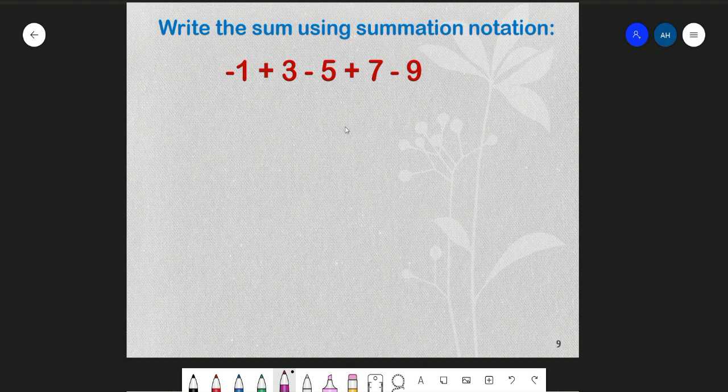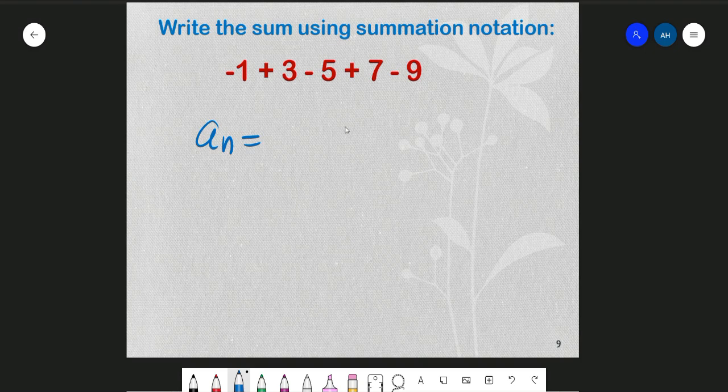So we have to be able to write down in this case our an, right? An equal to what? First let's take care of the numbers, 1, 3, 5, 7, 9. These numbers are just odd numbers, right?